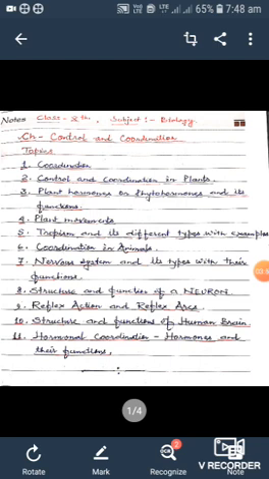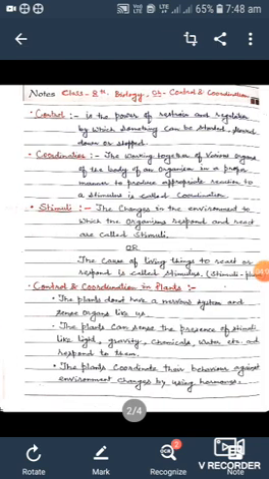It means different types of hormones and their functions. This is the introduction of this chapter. Now, one by one, I am going to start. The meaning of control and coordination I have already discussed.